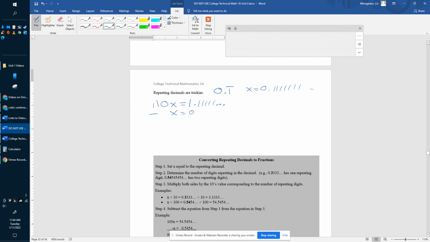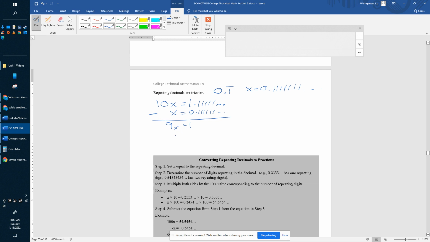So we're getting rid of this repeating portion. Then 9x equals 1. And remember, 9 times 0.1111111 equals 1 because we set x equal to 0.1111111.